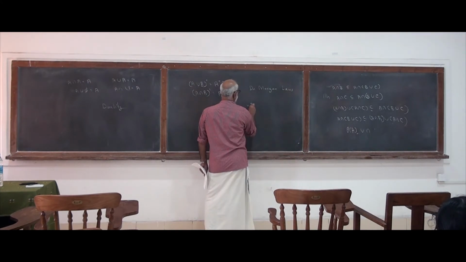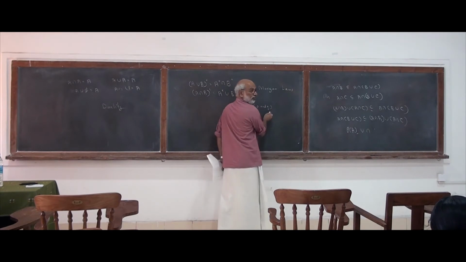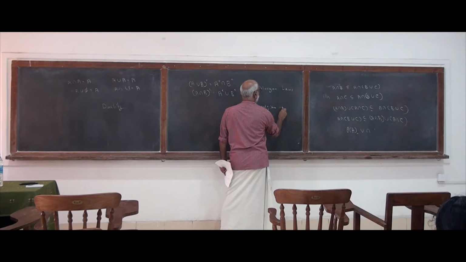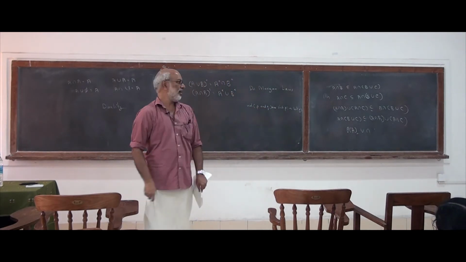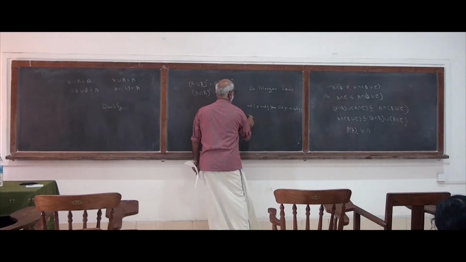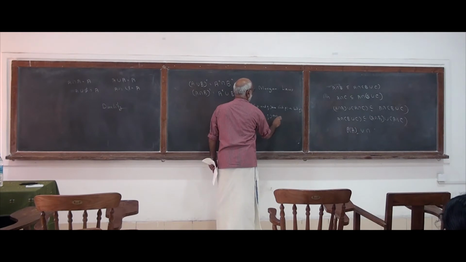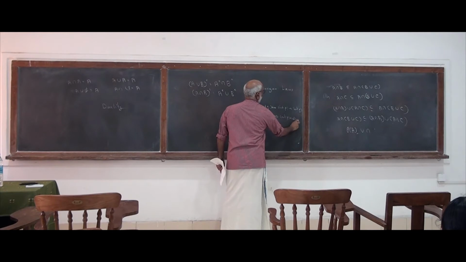The negation of P and Q is logically equivalent to not P or not Q. And similarly, there is another law: not of P or Q is logically equivalent to not P and not Q.